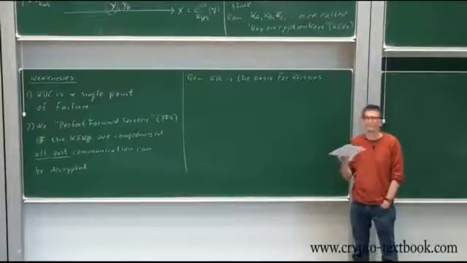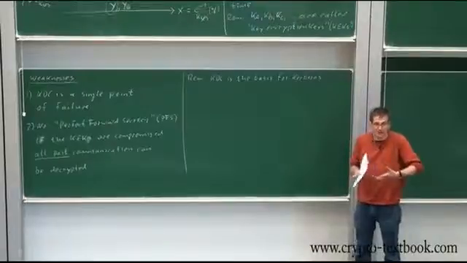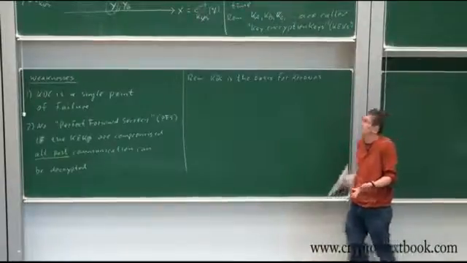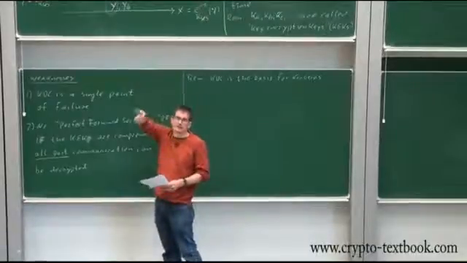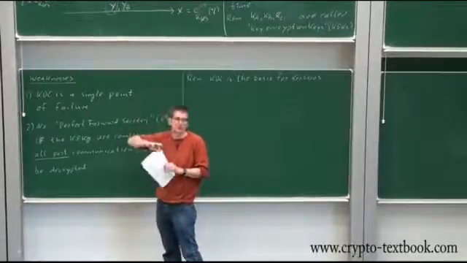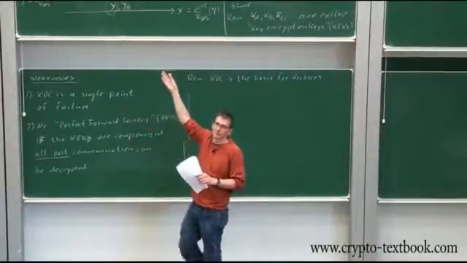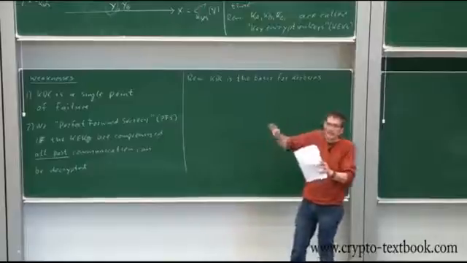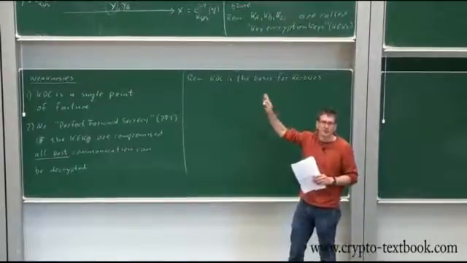Okay, so it's the basis for Kerberos, which is a very popular commercial system that's used in the real world. It's based on this approach, and in the book there's a simplified version of Kerberos, which is more complicated than what you see here, but this is the principle. So this is not yet another system that doesn't really work. You have to add things like timestamps to that, and you can make that work.